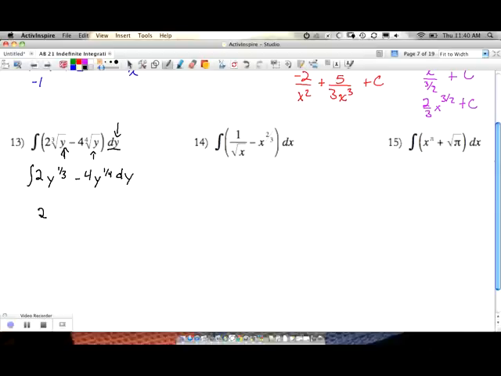I'm also going to divide by that 4/3. Next we have 4y to the 5/4, because that's what 1/4 plus 1 is. Let's make this a little cleaner here. Over 5/4 plus c.